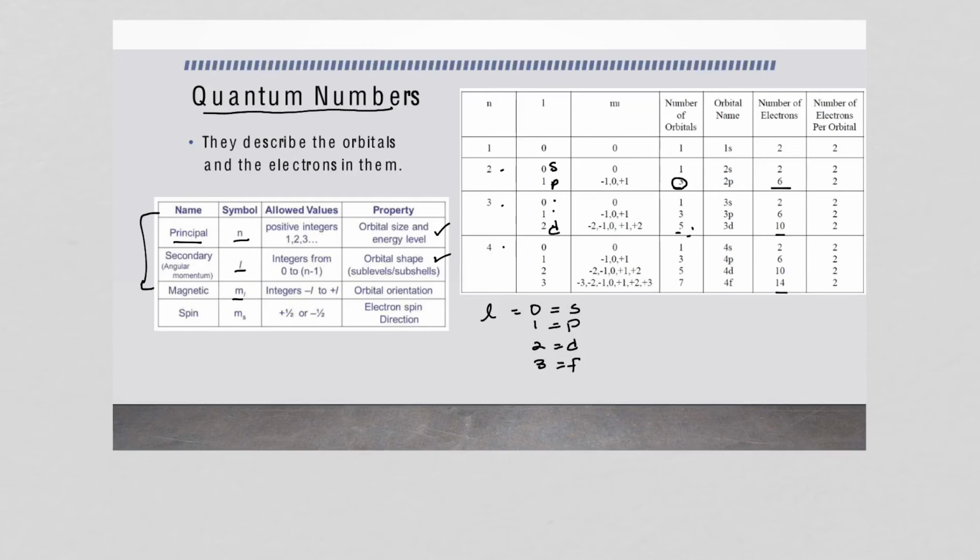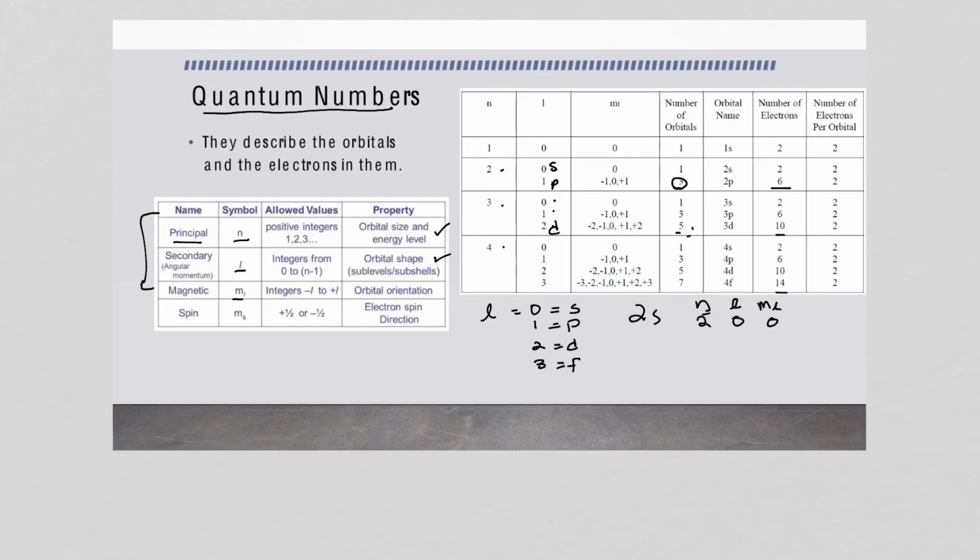So if I have, let's say, a 2s orbital, it's going to have an n of 2, an l of 0, and an M sub L of 0. So it's going to have 2, 0, 0 as its quantum numbers. It's those 3 quantum numbers.